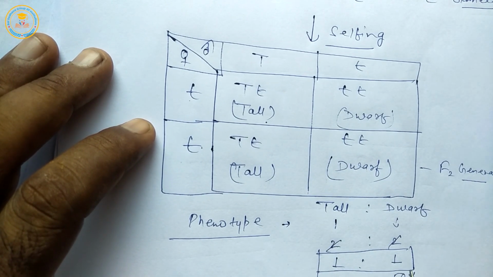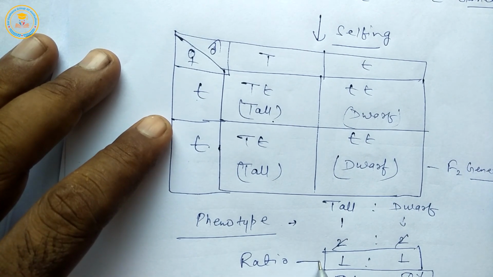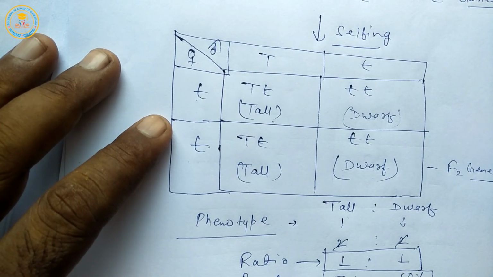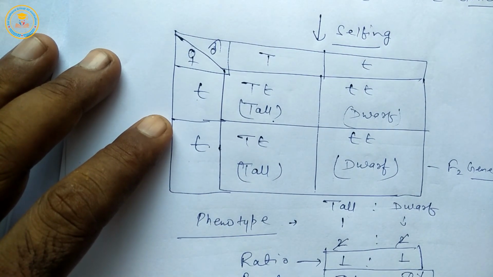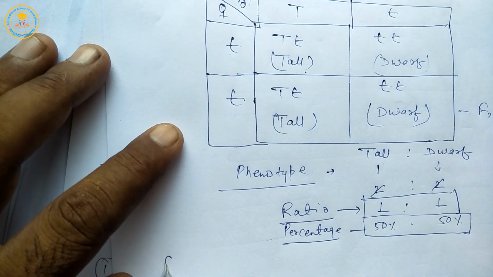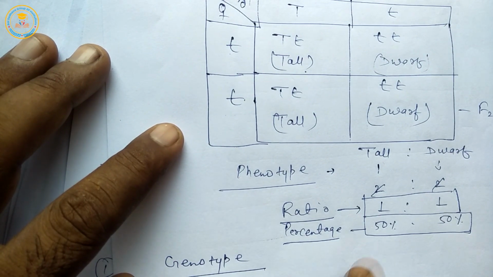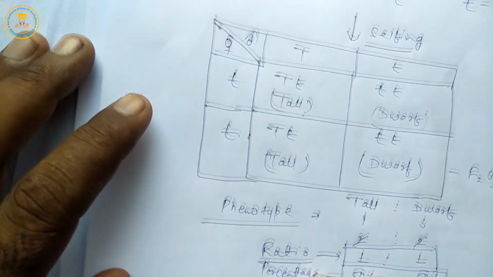So this is ratio, this is percentage of tall and dwarf plant. Second is genotype, it means genetic constitution.